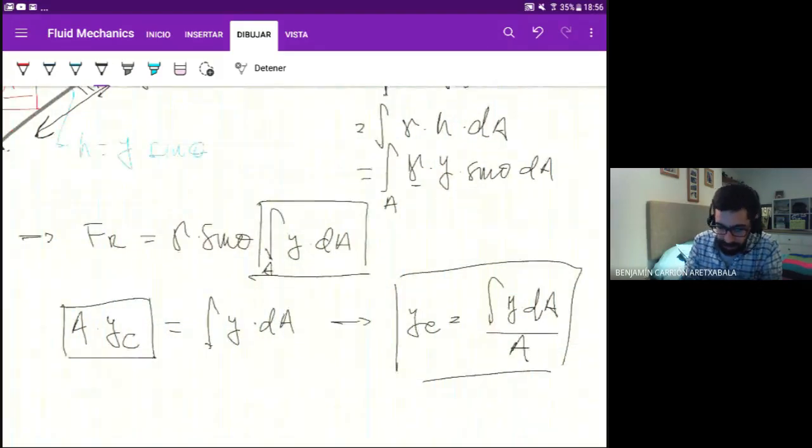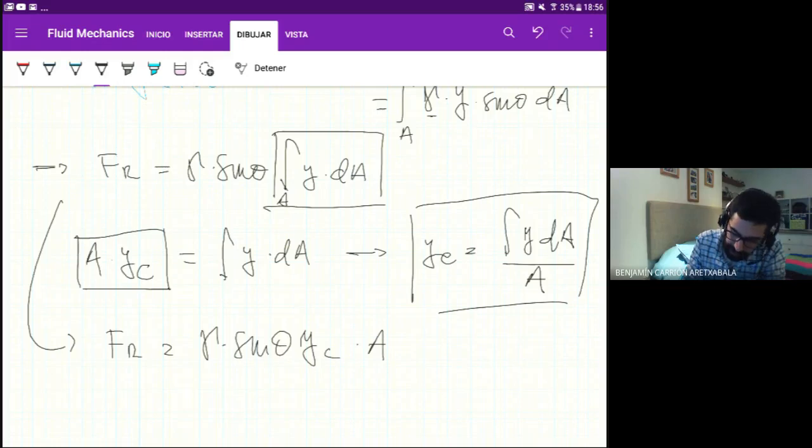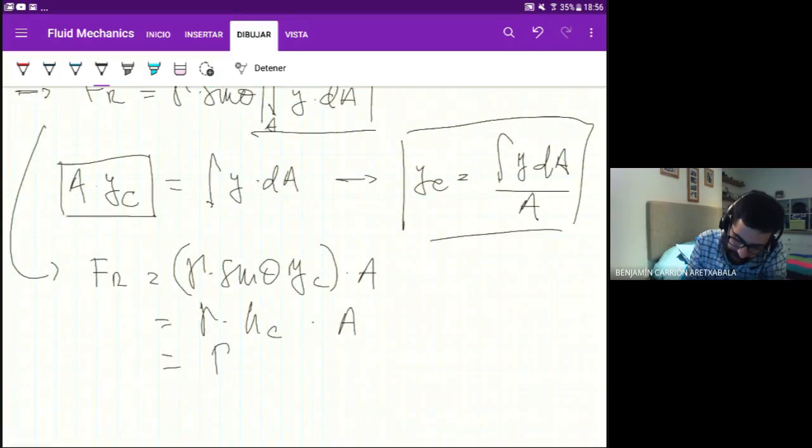So what we get from here is that the total force is gamma times sine of theta of the centroid position times A. And you can replace this with gamma h of the centroid times A, and gamma h of the centroid is nothing more than the pressure at the centroid times A.